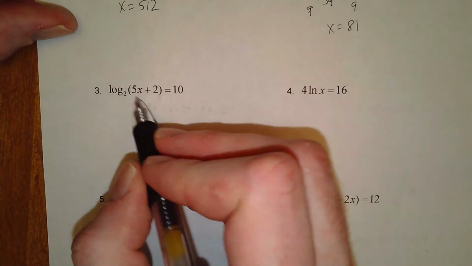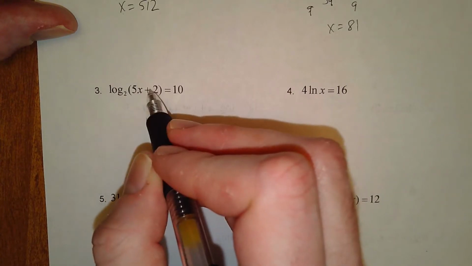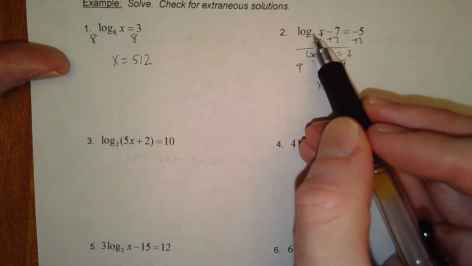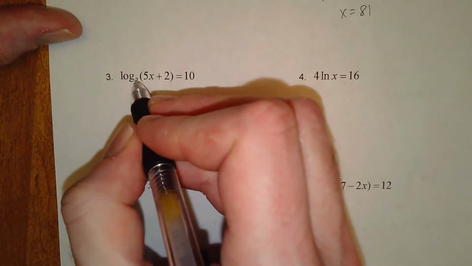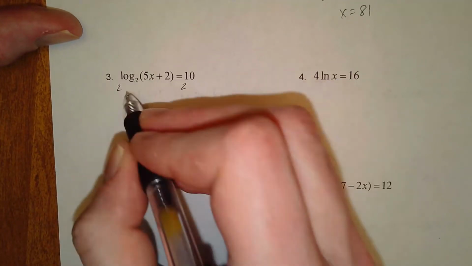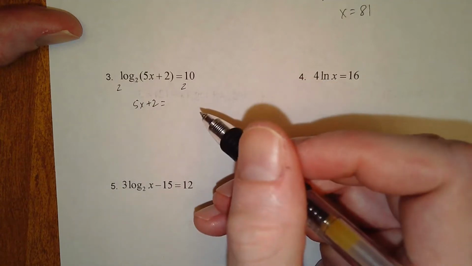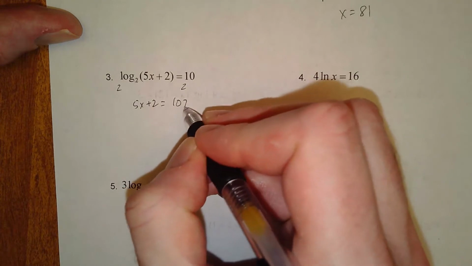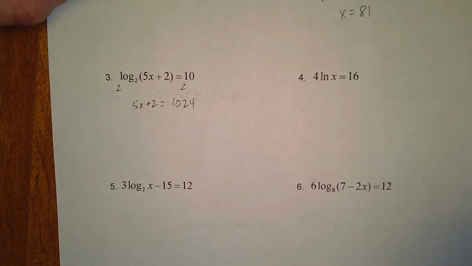Next one here, now this is in the logarithm, so 5x plus 2 is inside, so you don't need to get rid of it. Up here, that -7 was not inside the logarithm, so I got rid of it first. But down here, this is inside the logarithm, so I'm going to use a base of 2. I'm going to take 2 to this power, which would give me 5x plus 2. On the other side, I've got 2 to the 10th power, which would be 1024. So 5x plus 2 equals 1024.